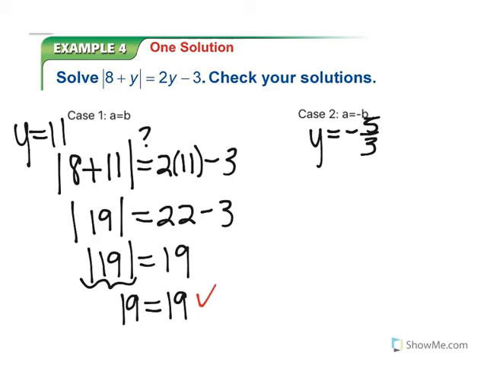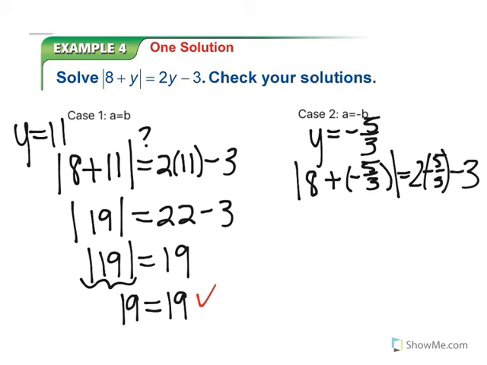Alright, let's try case number 2. With an absolute value of 8 plus negative 5/3 is equal to 2 times negative 5/3 minus 3. Okay, so let's do some simplification. 8 plus negative 5/3 is actually 19/3, equals 2 times negative 5/3. 2 times negative 5 is 10, so we have negative 10/3 minus 3.